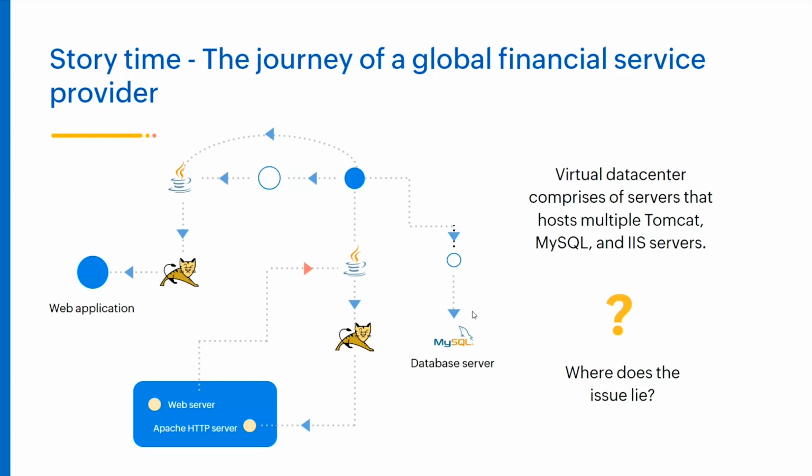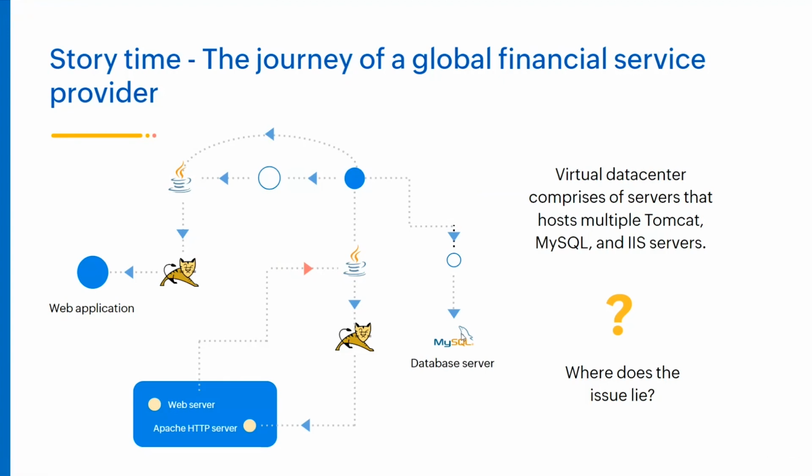They often suspect the database might be at fault, but due to limited visibility, they couldn't determine the location of these database servers, and pinpointing the root cause becomes a time-consuming struggle. Additionally, identifying slow-running queries within the database proves equally challenging.